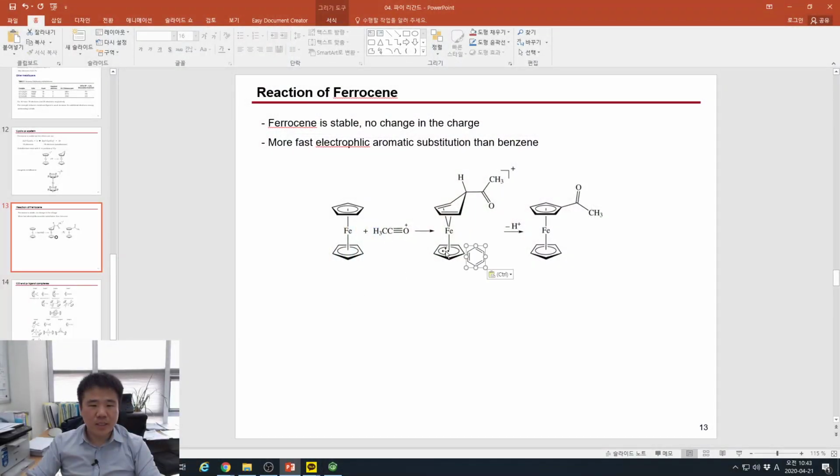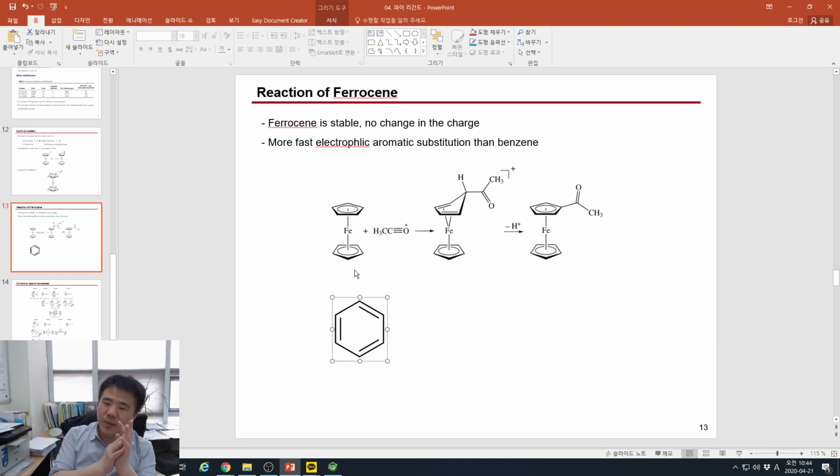So what I want to say is that ferrocene is very similar to benzene. If benzene can undergo Friedel-Crafts acylation, ferrocene can do that. So I suggest you remember the reactions of aromatic compounds.